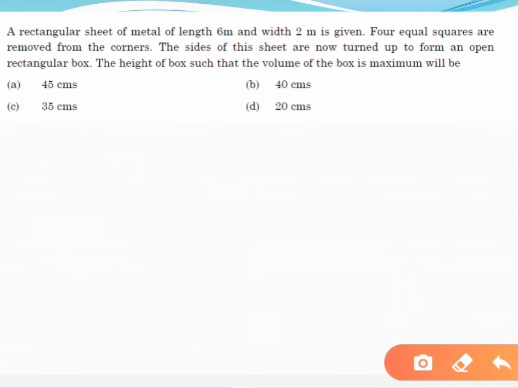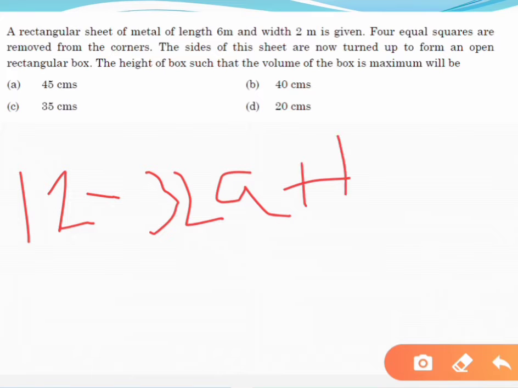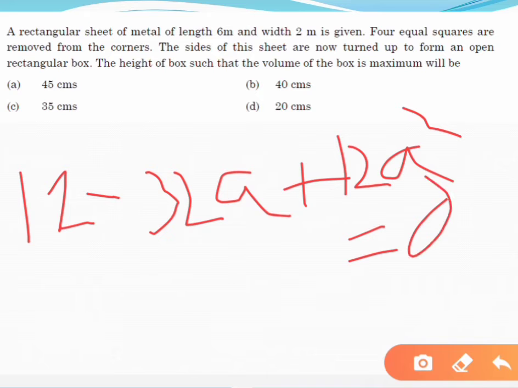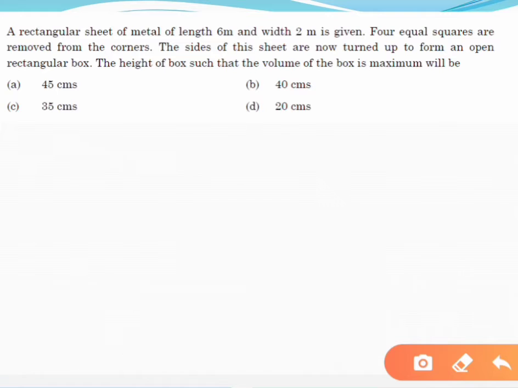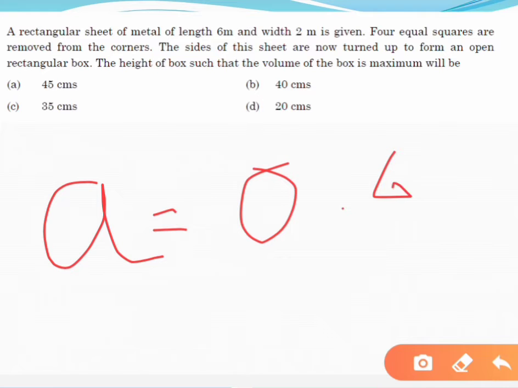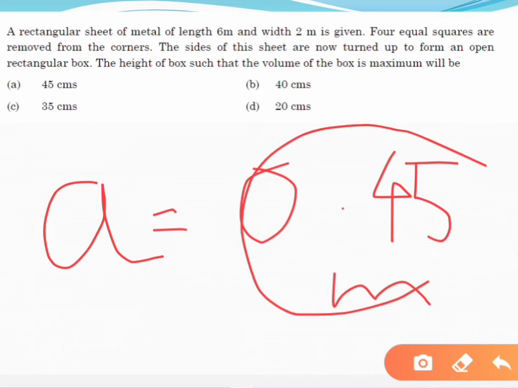That means 12 minus 32A plus 12A square equals 0. Finding the value of A from that quadratic equation, A will be 0.45 meter. So the correct answer in this question is option A, which is 45 centimeters.